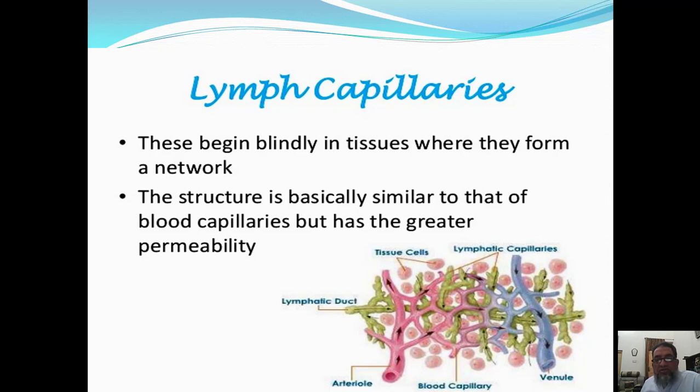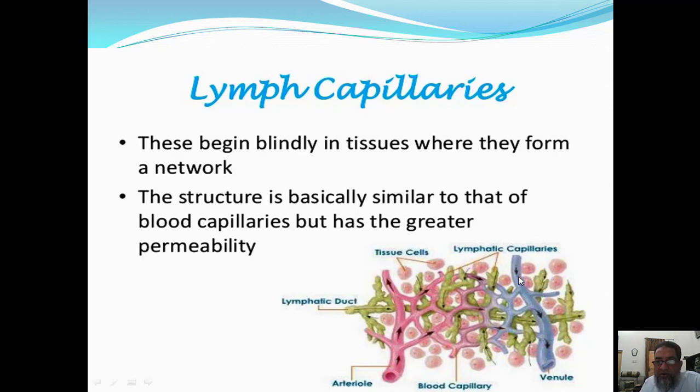The structure is basically similar to that of blood capillaries but has greater permeability. It has the same endothelial lining, a simple squamous epithelium, but it has a wider lumen and the capillaries are permeable, fenestrated, larger in diameter. They are present within the interstitial spaces along with the blood capillaries which are carrying oxygenated blood.